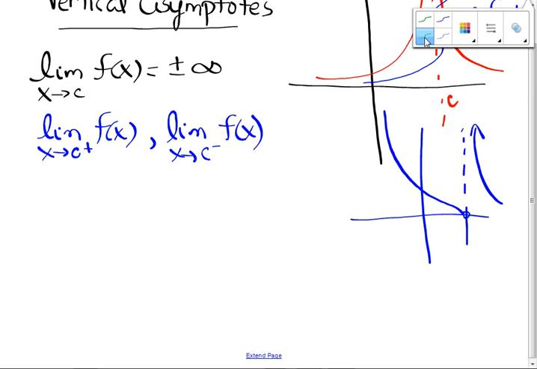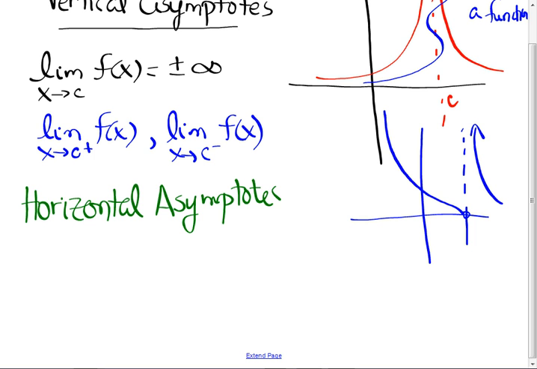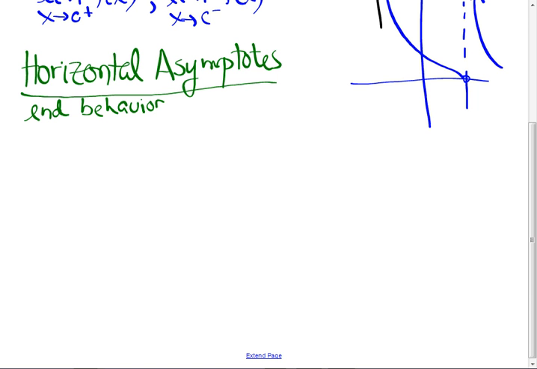Now, a horizontal asymptote. That's asking you to describe the end behavior. We are going to do the one out of 2008, the one that they didn't count. I was really surprised that they didn't count it.